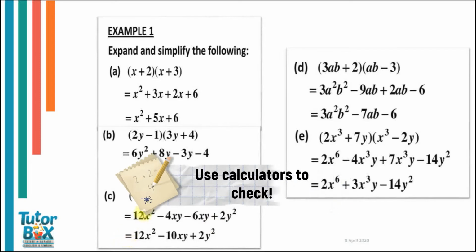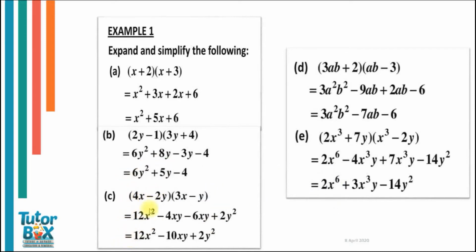And then this will be equal to, again, like terms, so maybe this is highlighted in pink, these two are in green, and then this last one maybe is in blue. So this will be equal to 12x squared minus 10x minus 4 minus 6, that'll be minus 10xy plus the 2y squared. Okay, and then d is the same thing.